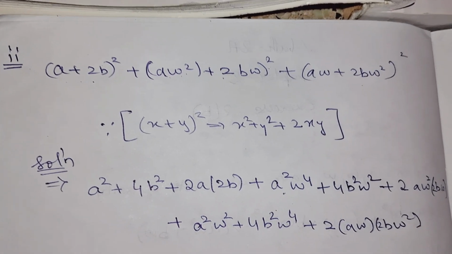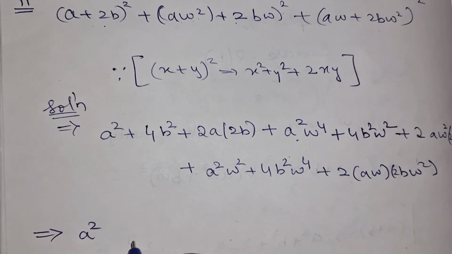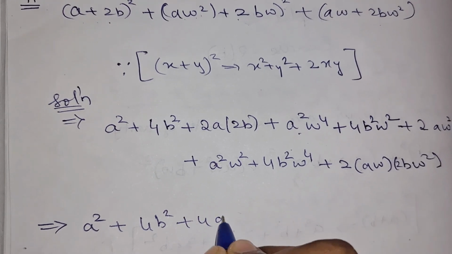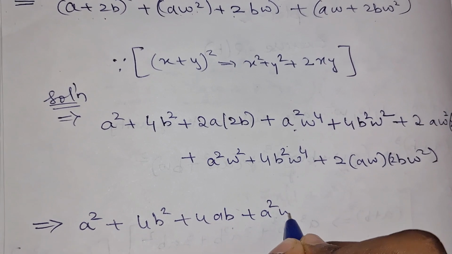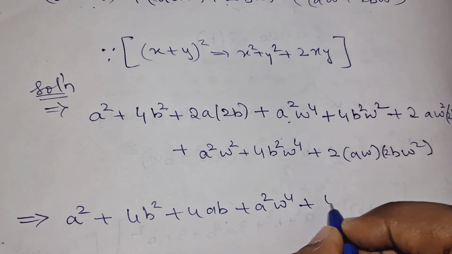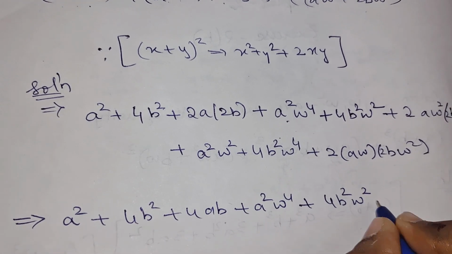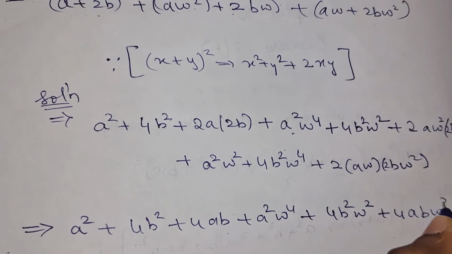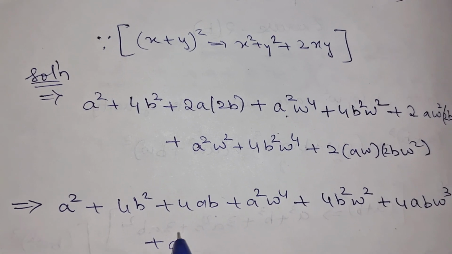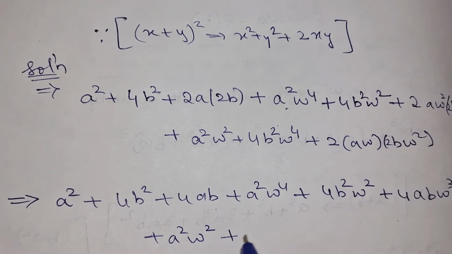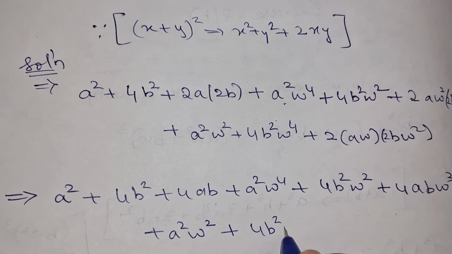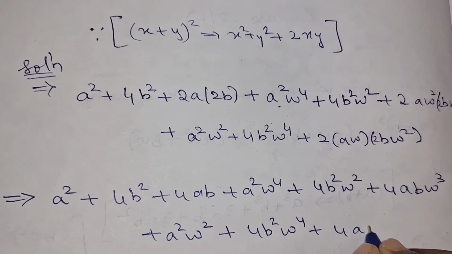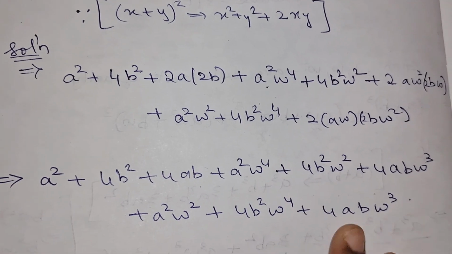Final what we will get is a square plus 4b square plus 4ab plus a square omega 4 plus 4b square omega square plus 4ab omega cube plus a square omega square plus 4b square omega 4 to the power 4 plus 4ab omega cube.